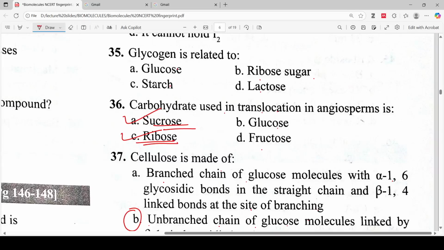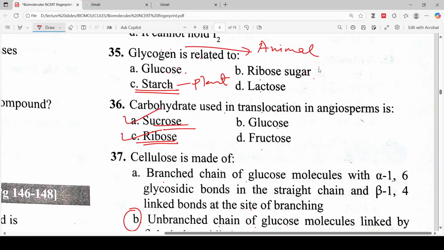Oh, sorry, the answer is starch here. Glycogen is found in animals, and starch is a similar type of carbohydrate which is found in plants. That's why it is related. It is not related to glucose, because glycogen is a polysaccharide and glucose is a monosaccharide.